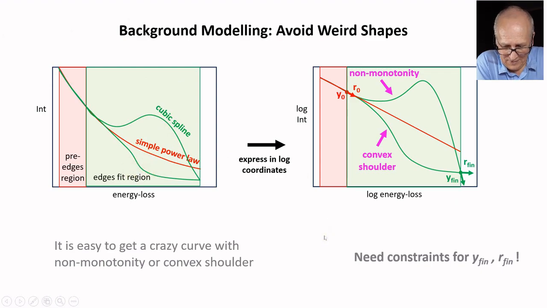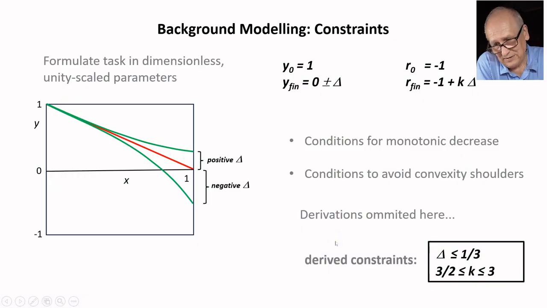Well, we deduce some constraints. I will not bother you with all mathematical derivations. Just mention that the task becomes much easier if we recast that in dimensionless coordinates, when energy changes from 0 to 1 and intensity also changes similarly.